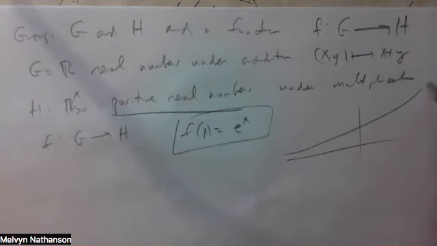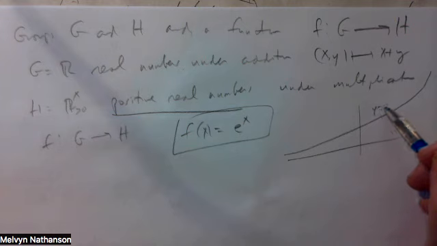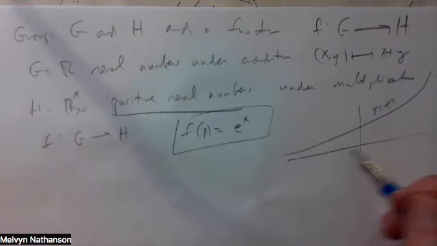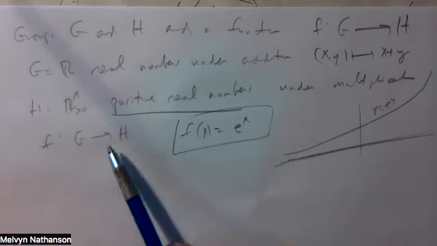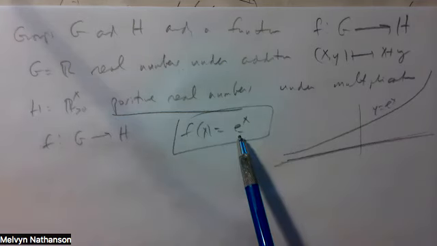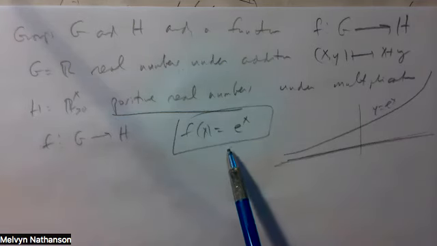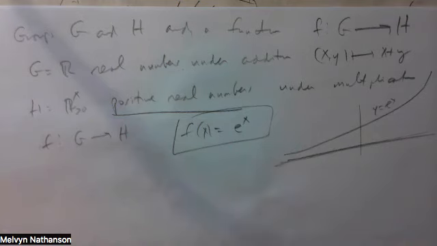You learn to graph that in calculus. This is the graph of y equals e to the x. For every real number x, you get a positive number e to the x. So this is a function from the group G to the group H. And this function has a very nice property.